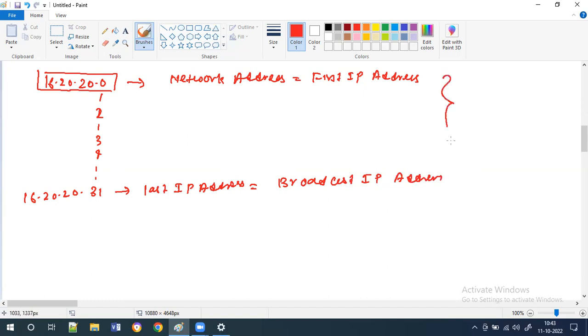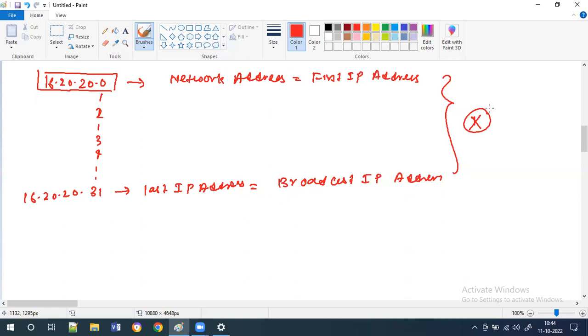And these two IP addresses cannot be assigned anywhere. There is no command on the router to assign these IP addresses. So this is straightforward wastage of IP addresses. That is why we add 2.